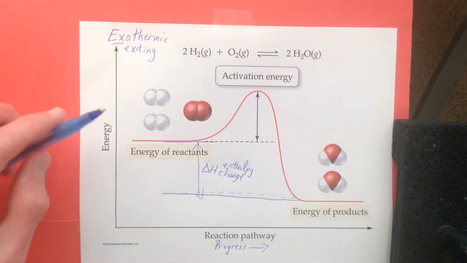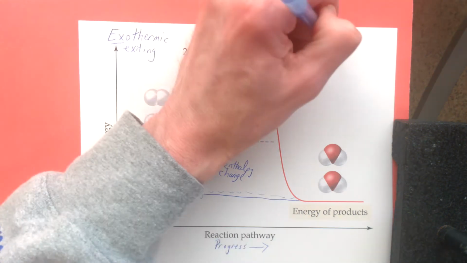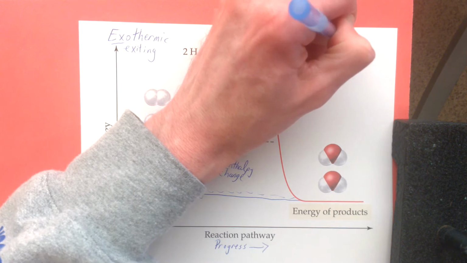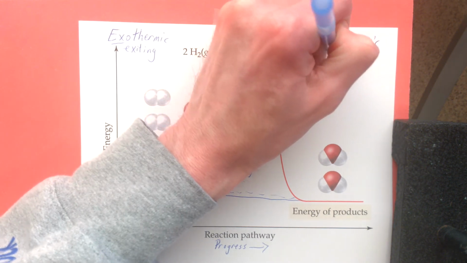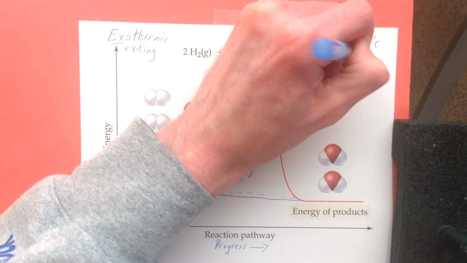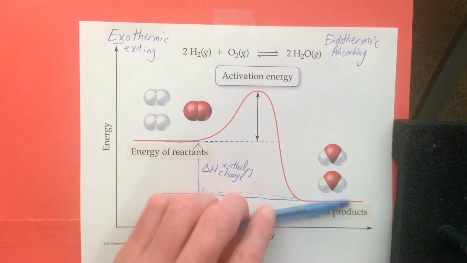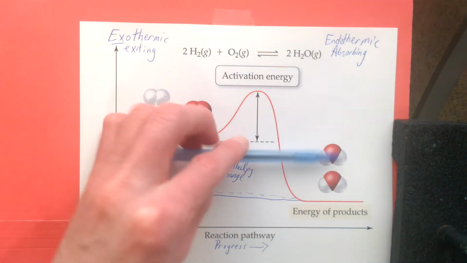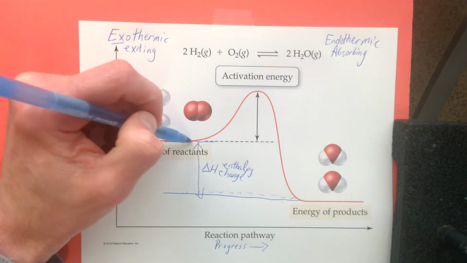And an endothermic reaction is one where energy is being absorbed. So if this was an endothermic reaction, we would be absorbing energy as the reaction progresses rather than losing. Our energy of the products would be above the original spot where the reactants were.